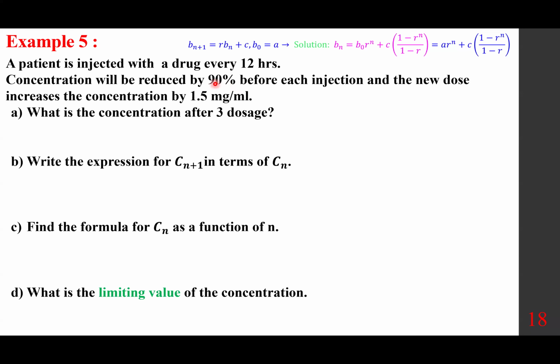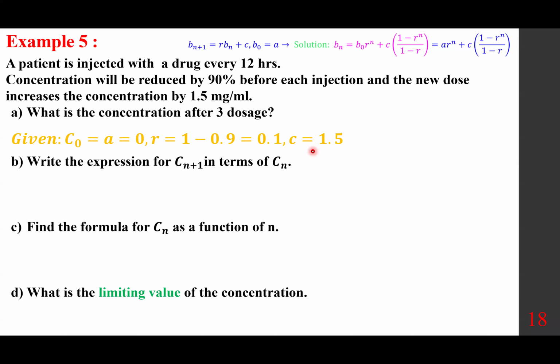And what remains in the body is 1 minus that, or 10%. And the amount of concentration that the new dose will add constantly is 1.5 milligrams per milliliter. That's lowercase c. So this is the given. C sub 0 or A 0. R is 1 minus that. What remains in the body is R, 0.10. And lowercase c is 1.5.